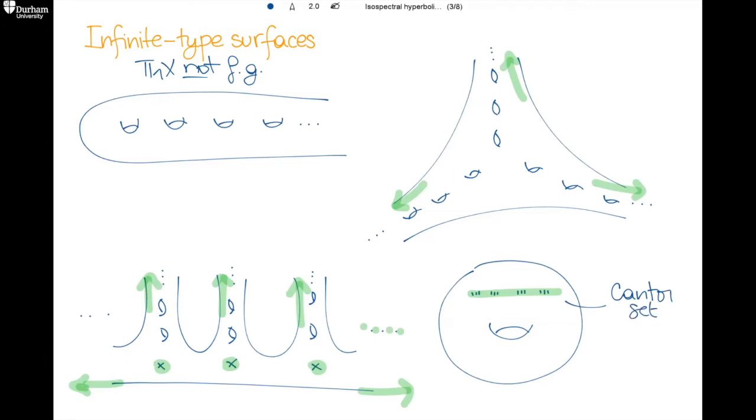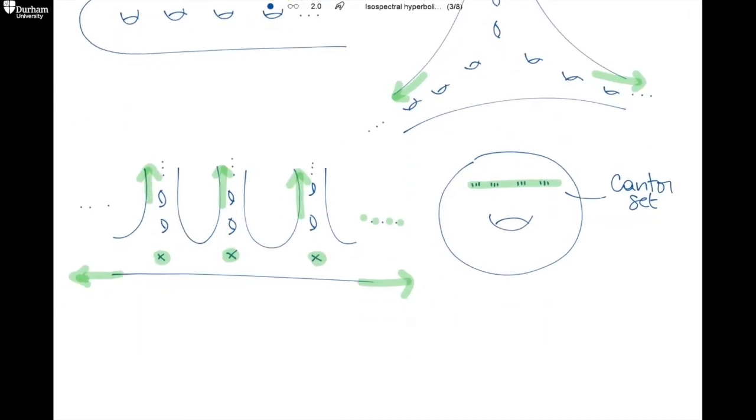These are some examples of surfaces of infinite genus, and when I say some, it's really a few, in the sense that there are uncountably many topological types of surfaces of infinite type. Something important to look at when you look at surfaces of infinite type is ends, which I've already hinted at.